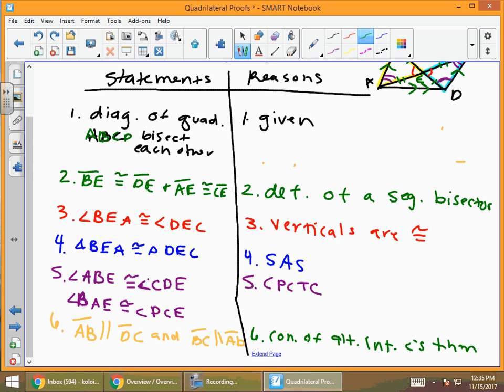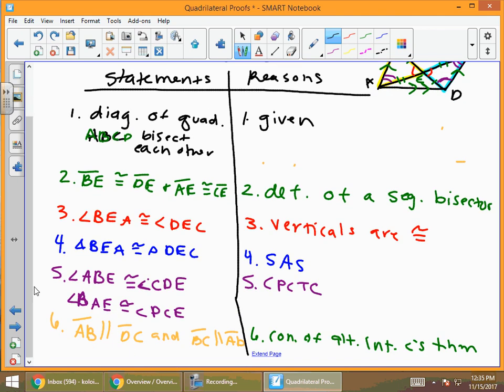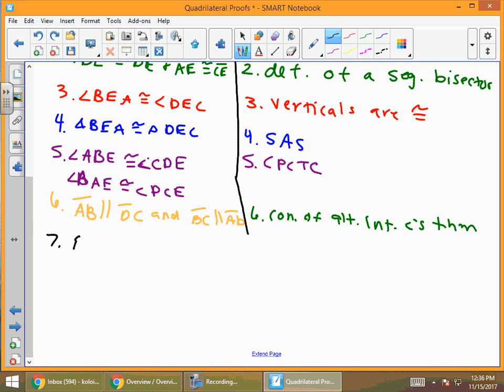Well, we just showed that the opposite sides of this quadrilateral are parallel, so can we now say that this is a parallelogram? Yeah. So for step 7, you're just going to state what you're trying to prove. Quadrilateral ABCD is a parallelogram. You can abbreviate with the symbol, or write the abbreviation for parallelogram.